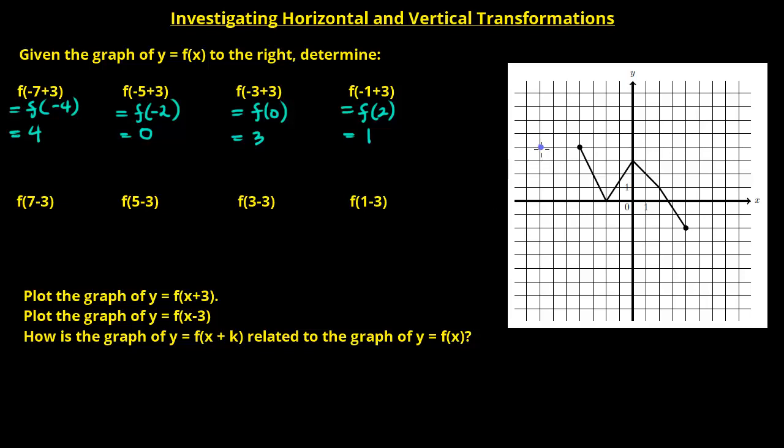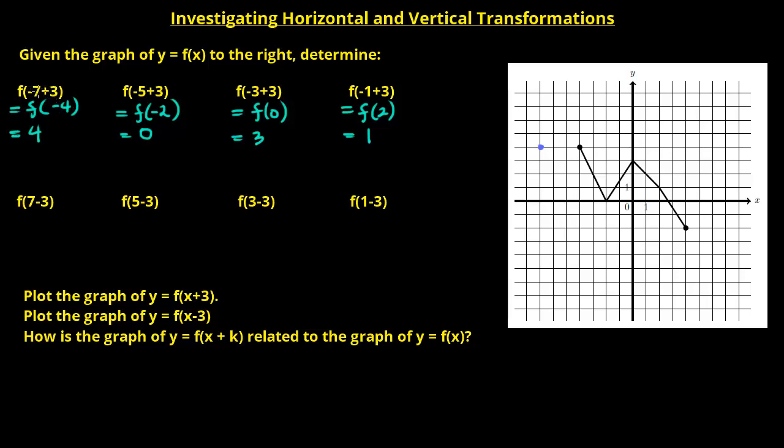Okay, and now let's think about what point this corresponds to. Well, what happens when I add 3 inside the brackets? What's going to happen to the function f of x? Well, here what happened with this point is I end up getting the value for f of negative 4 3 units earlier.